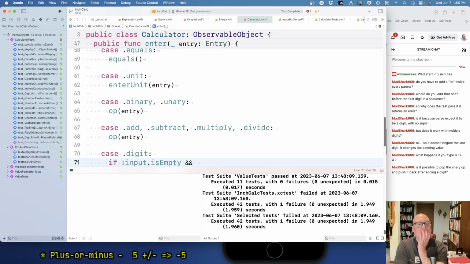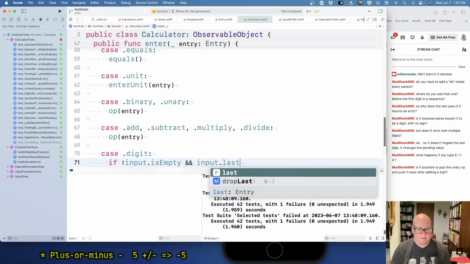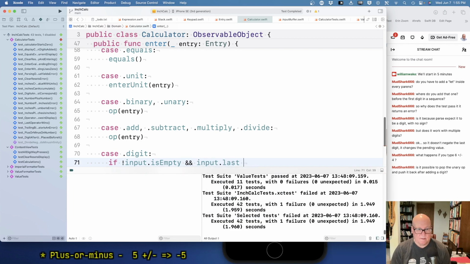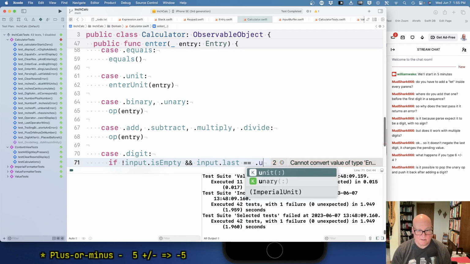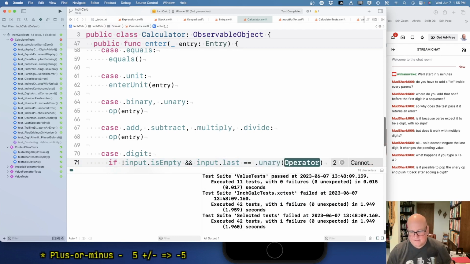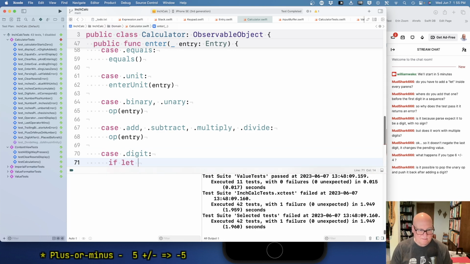And input dot last. Well, I want to say this, but that doesn't really work because it wants the operator there. Okay, let's try another. I guess I can do if let.